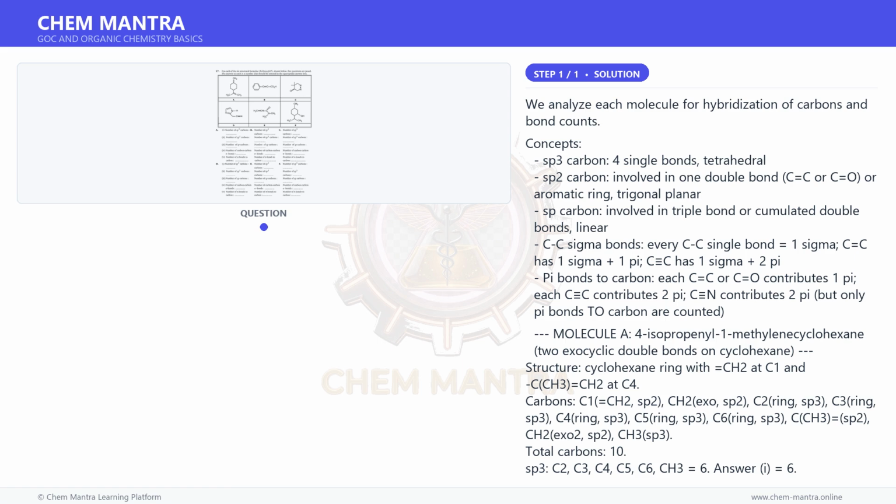C to C bonds: C=O to CH2, 1 bond; CH2 to C(CH3)2, 1 bond; C(CH3)2 to CH2, 1 bond; C(CH3)2 to CH3, 2 bonds, equals 5 C to C sigma bonds. Answer: 4 equals 5. Pi bonds to carbon: C=O gives 1 pi bond, total equals 1. Answer: V equals 1.